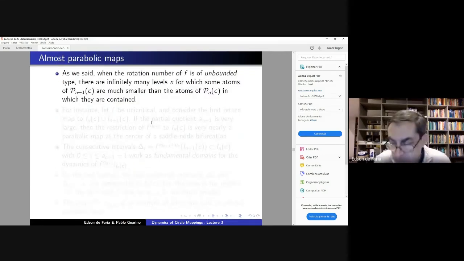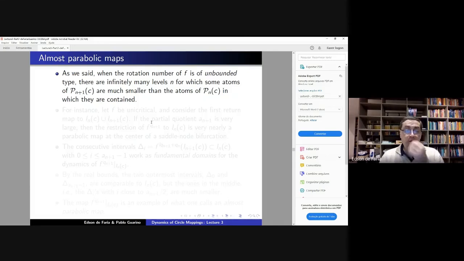So what's going to happen is that when a_{n+1} is very large, and you go from step n to step n plus 1 in the partitions, the return map f^{q_n} for that level, or rather f^{q_{n+1}}, is actually going to be what we call an almost parabolic map, okay?